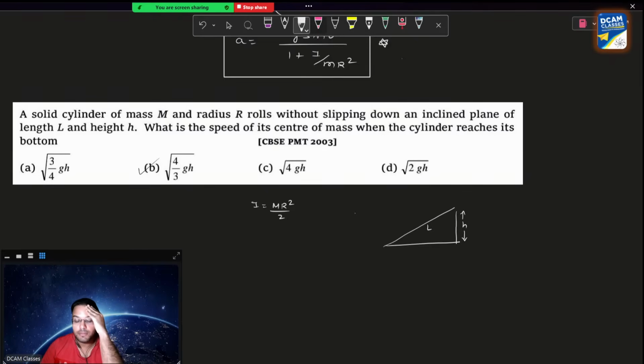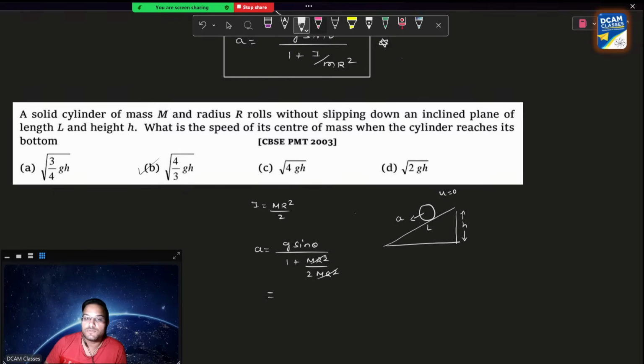We know how to find the acceleration. Initially it was stationary, so u was 0. We know a is equal to g sine theta by 1 plus I by mr square. I is mr square by 2, so the mr square will cancel out.